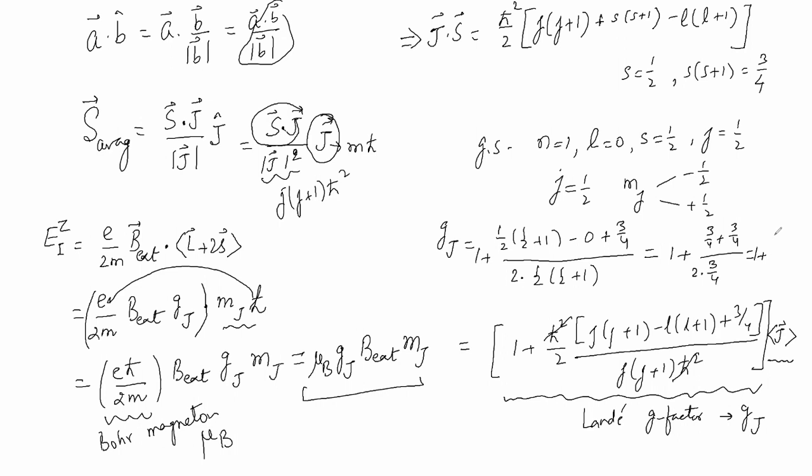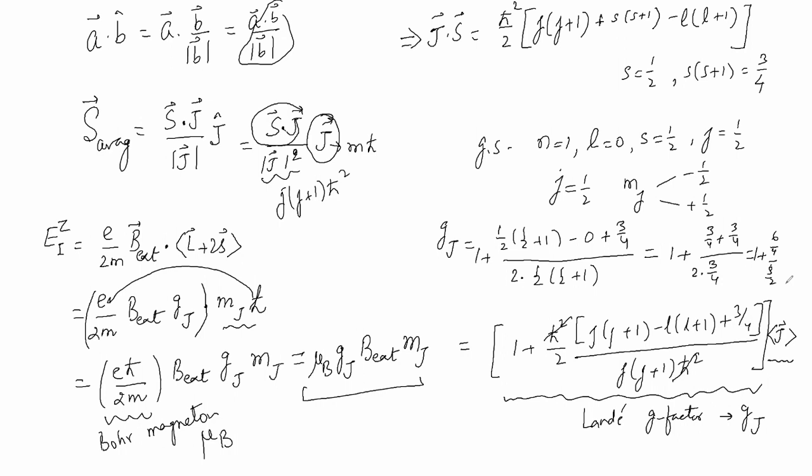Therefore, overall, this would be how much? One plus 6 by 4 upon 3 by 2. Is it not? 6 by 4 upon 3 by 2, and this will be how much?